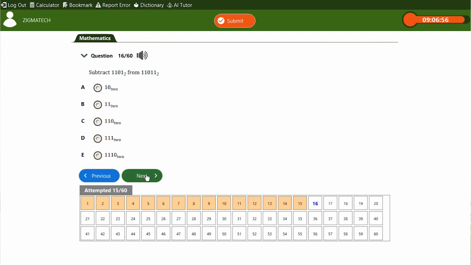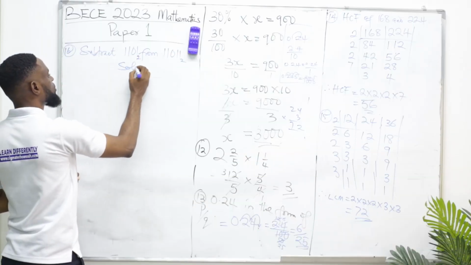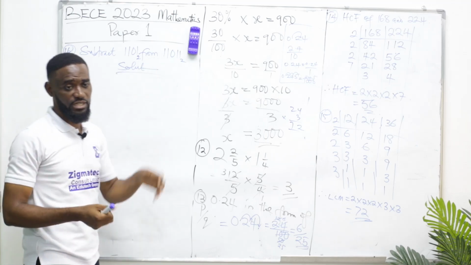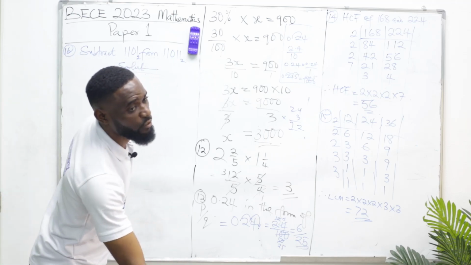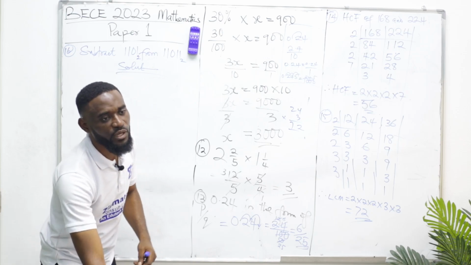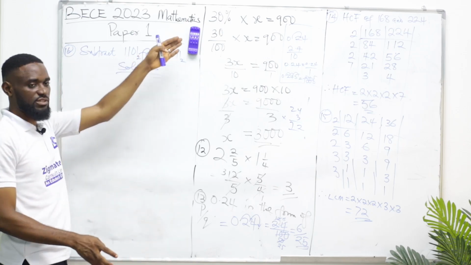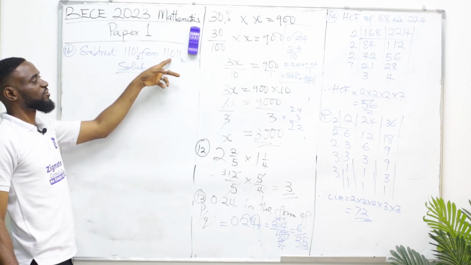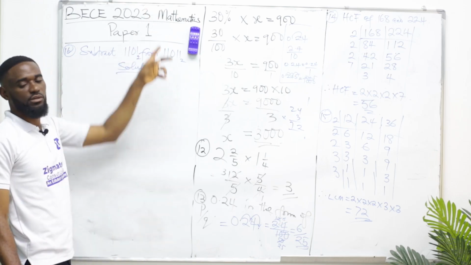So we have subtract 1101 from 11011. All right, so let's do that. Solution. I had to write this down so that you don't get confused. Now, the question says subtract this first from this. So what it means is that this number should be subtracted from this number.